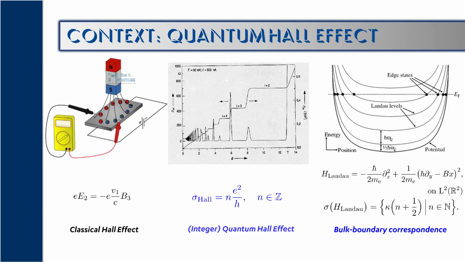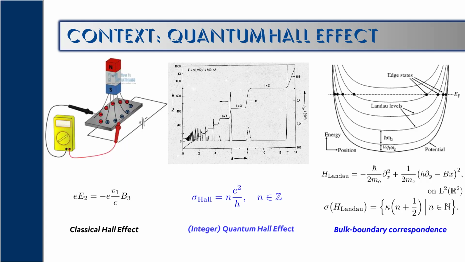And physically, there are n modes which transport current at the edge of the sample, where n corresponds to the Hall conductance. So this number, which is measured, has two meanings. One has a topological meaning, which can be expressed purely in the bulk, and one which is dynamical and localized at the edge.